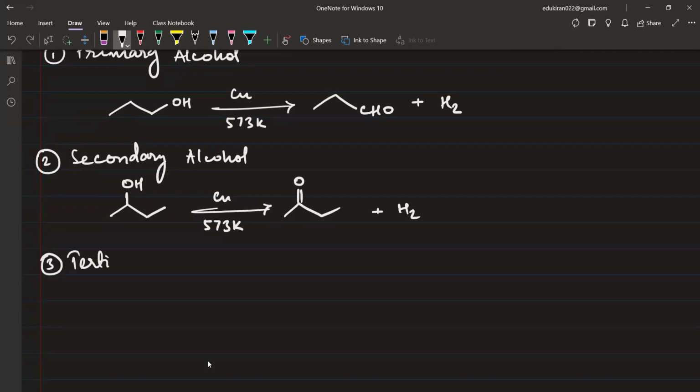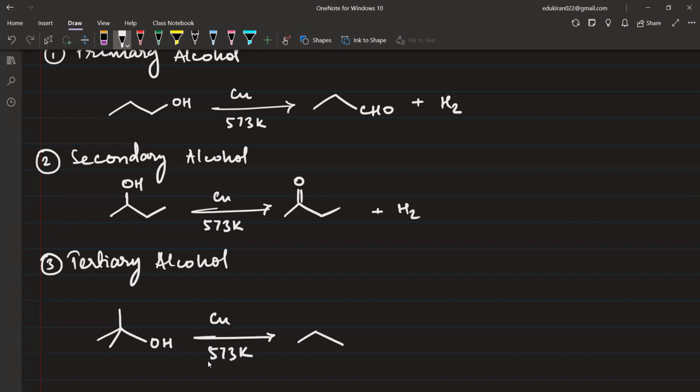When you have tertiary alcohol, then in that case you will be getting an alkene. Between the carbon atoms, one of them will have a double bond, and here you will get H2O.